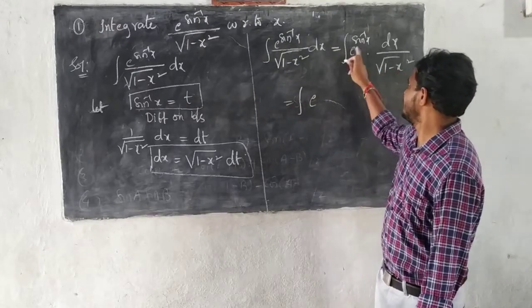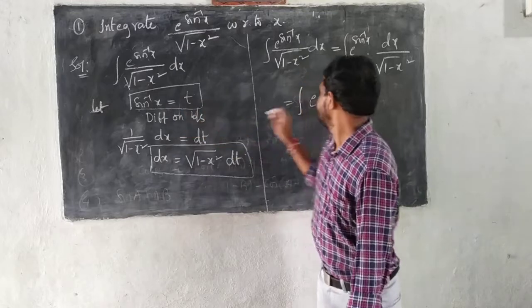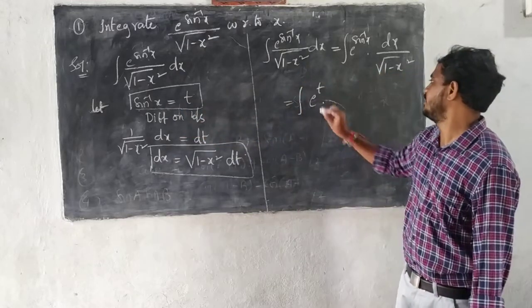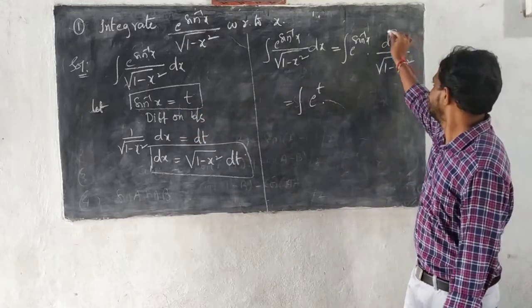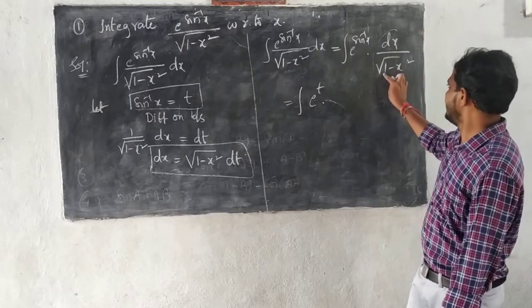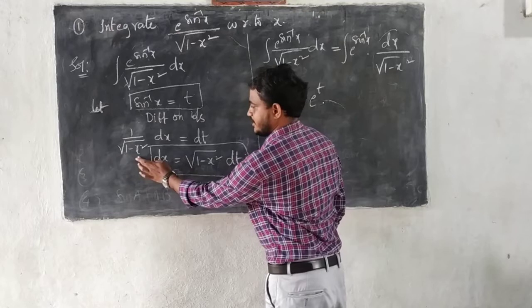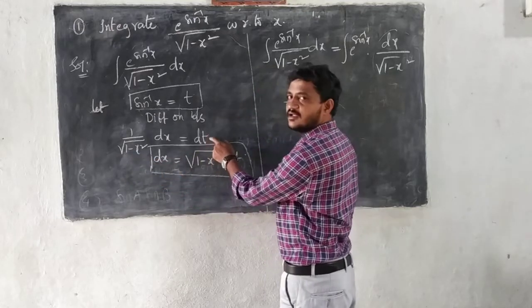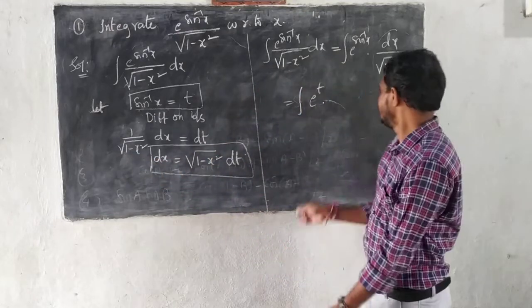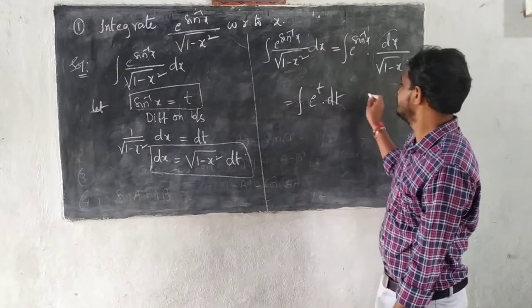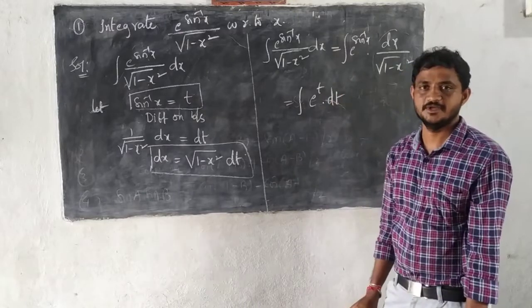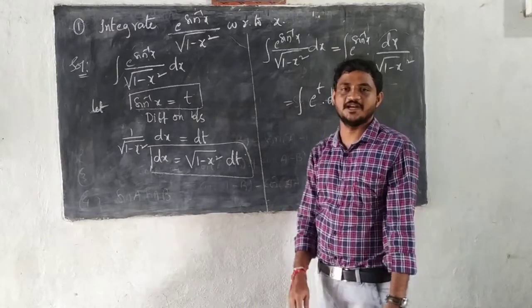E to the power of sin inverse of x value is what? t. So what you will get? e to the power of t. And if you observe clearly, dx by under root of 1 minus x square, its value is what? dt. Right? So directly we can write it as dt, which is converted into standard form.